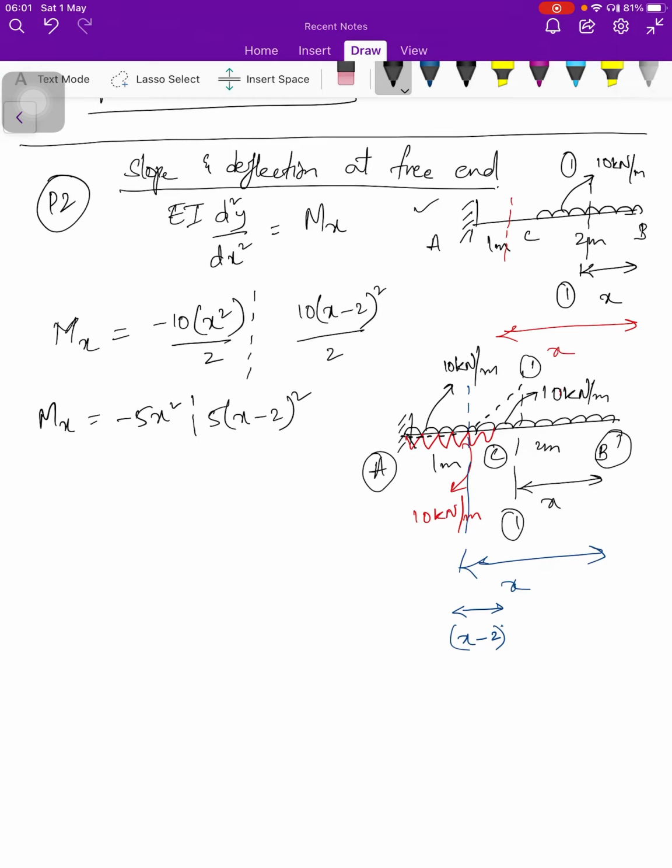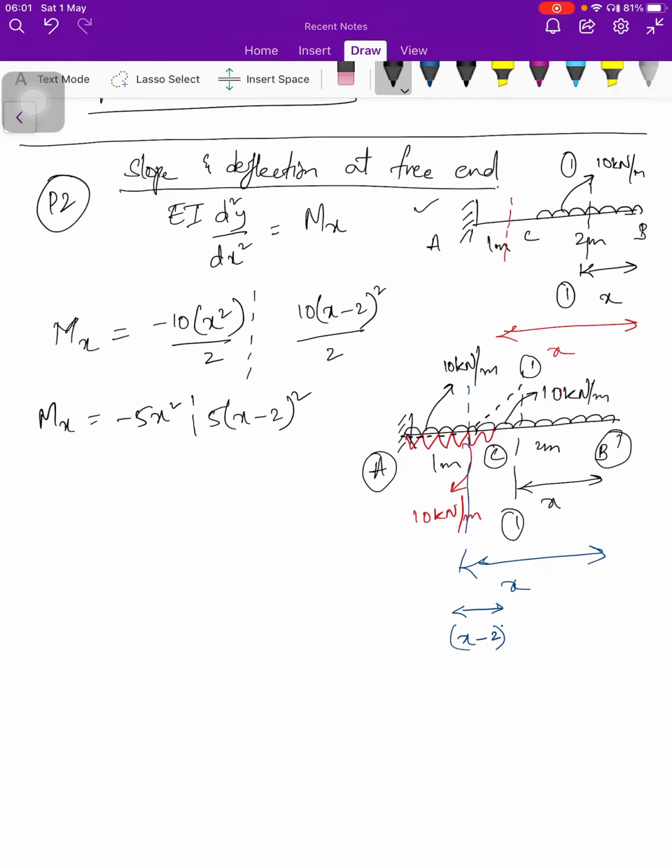So in this case, you need to add and subtract a UDL in the span AC. So in the span AC, I'm continuing the same UDL of intensity 10 kilonewton per meter, and the red one, I'm subtracting the same UDL, so that the net effect is the same.